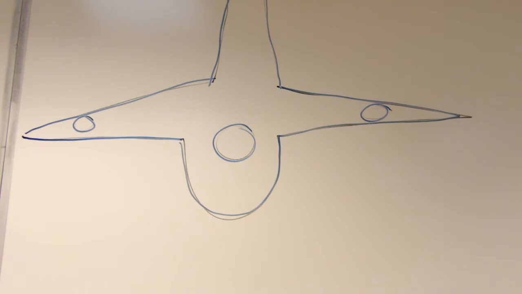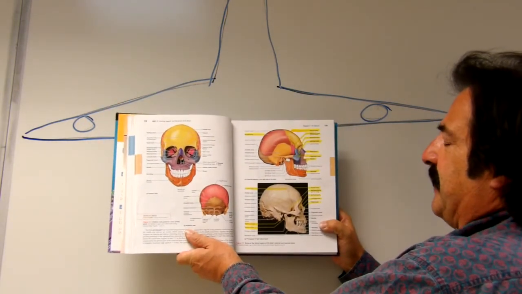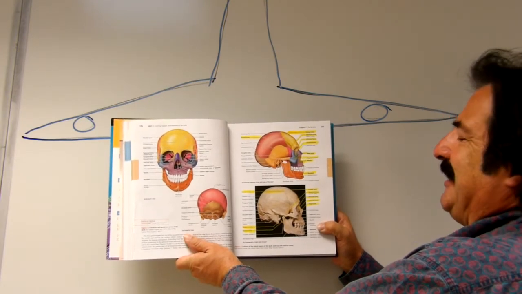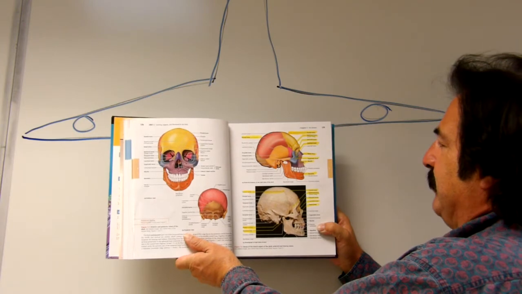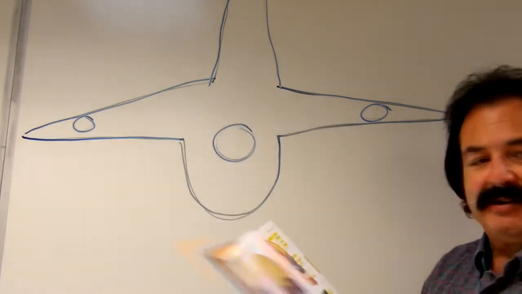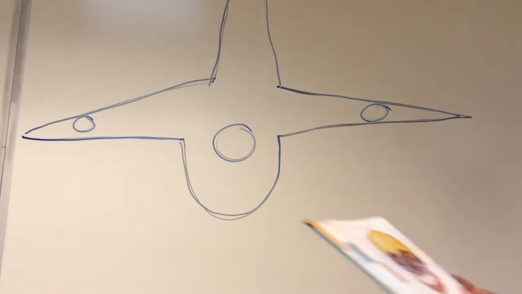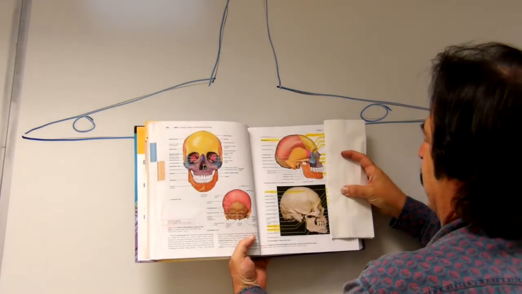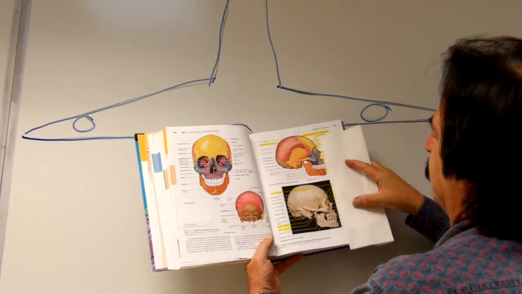One of the things that will help you do this is in your book, find the skull, highlight the bones that you're supposed to know from your lab manual, and then as you're studying these, you can take a sheet of paper like this and cover them up and say, that's the frontal bone.